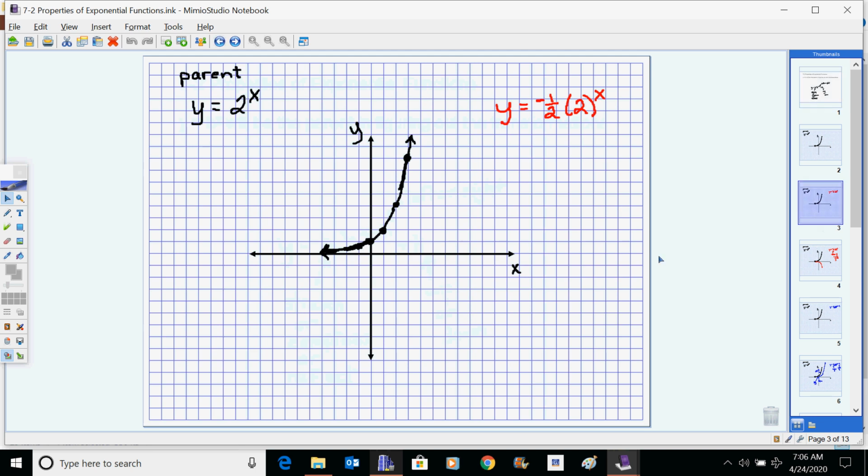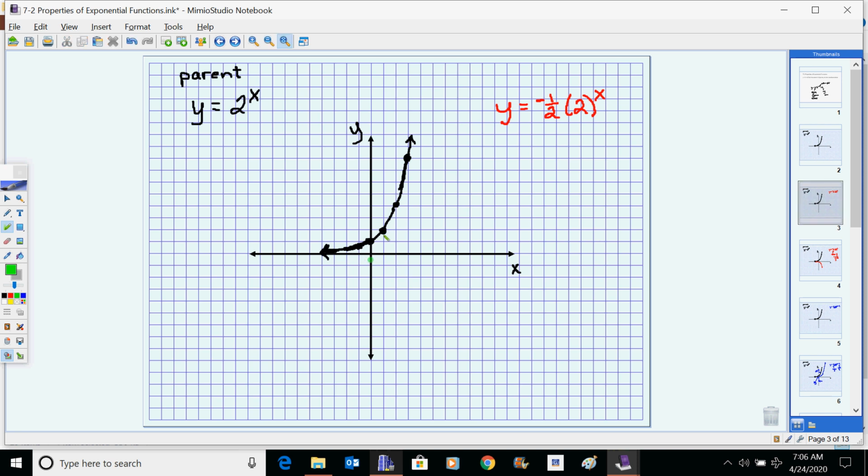So we're expecting this thing to go around the x-axis and be headed this way, because if you can imagine it reflecting, but this 1/2 tells us that each one of these values is going to be cut in half before it reflects. So if you go piece by piece, this one gets cut in half and then comes over and reflects and gets put right here.